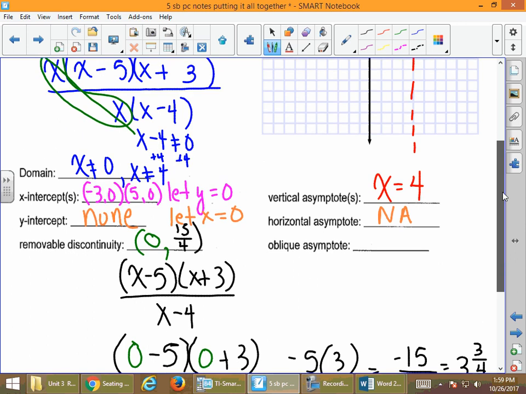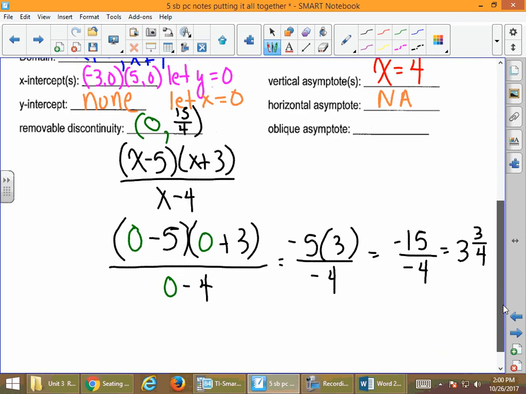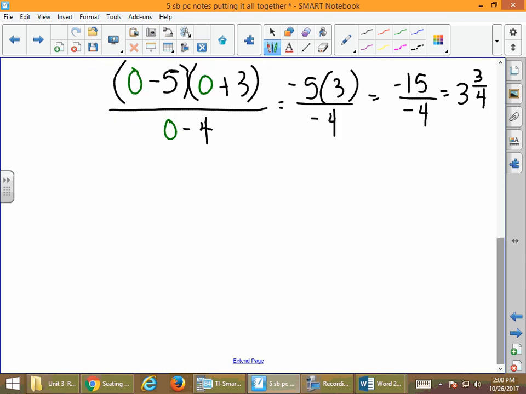The thing about this is, remember, if we canceled out the x's, we can do our synthetic division, or if you prefer, long division, with this part that's remaining. The x squared minus 2x minus 15. And when we do the synthetic division, x squared has a 1 in front of it.